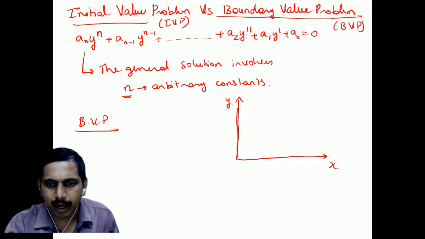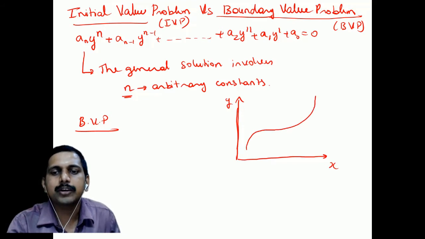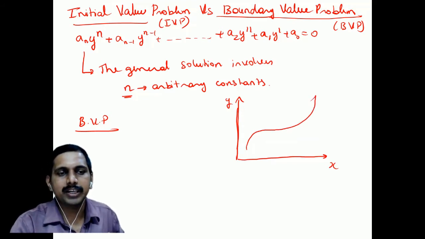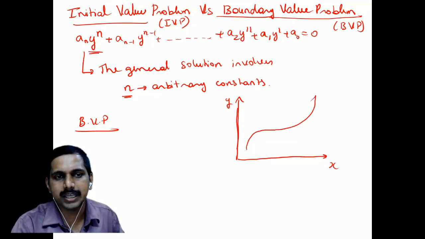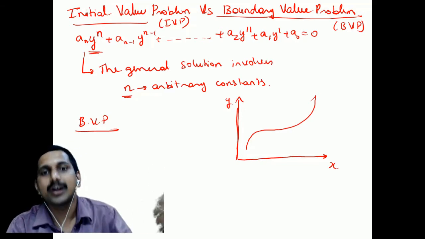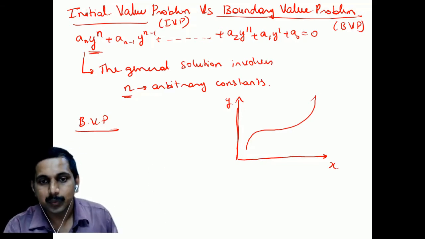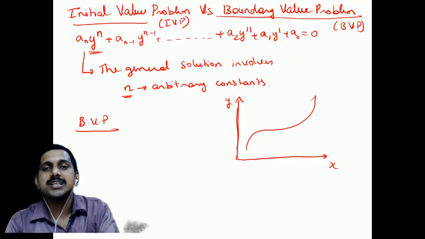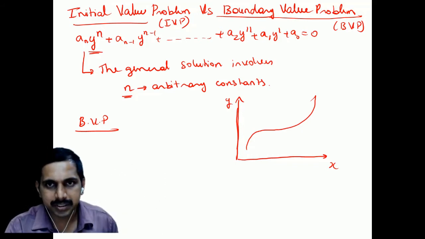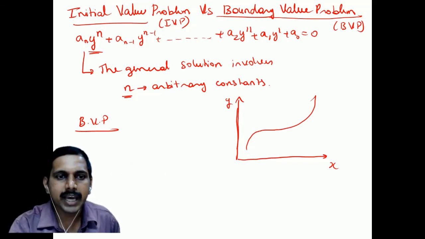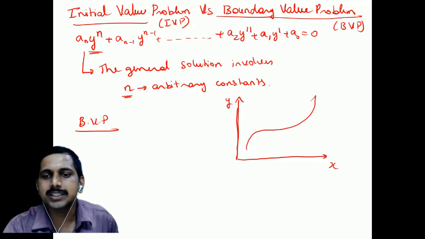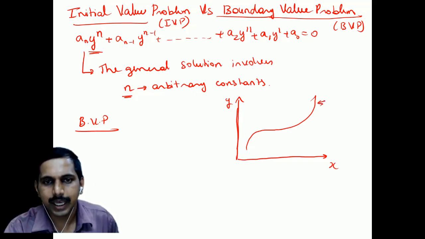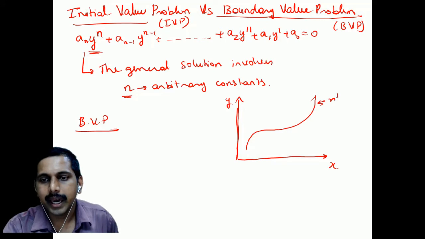We have to find a particular curve, is it not? If the differential equation is of the nth order, the solution is of the nth order, correct? What is a solution? Solution is y is equal to f of x. If you put that, the solution is done. Now if it is an nth order differential equation, this relates to an nth order curve, correct?